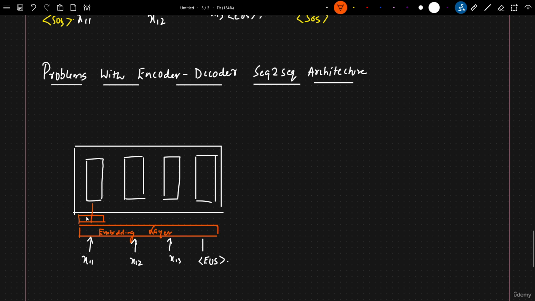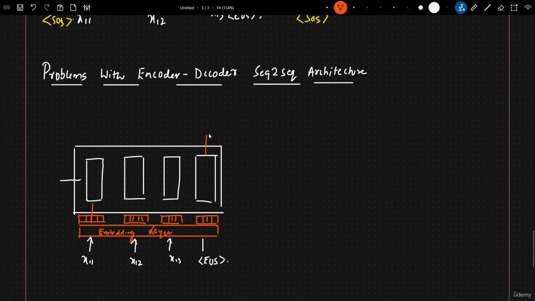Now this entire information will be going in terms of vectors. Here a vector will be created, here also, here also, and finally here also, based on this embedding layer. Now whatever output we get here, we do not consider.